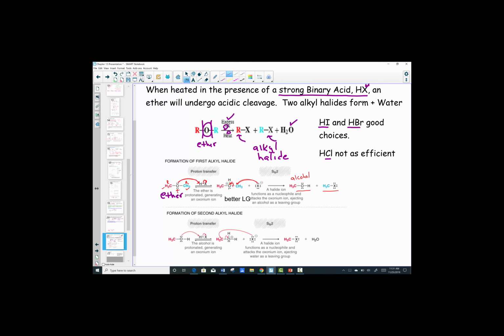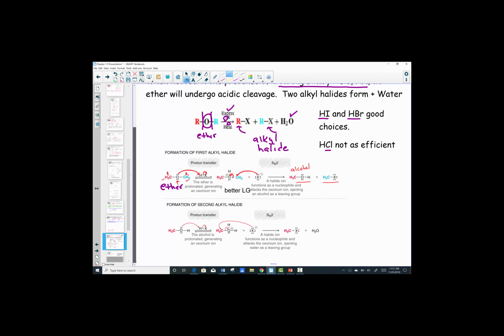This alcohol now is going to go through the same process as the original ether did up above. So the alcohol now becomes protonated. It does so by reaching out for another proton from the binary acid, HX. We protonate it to turn it into a better leaving group.